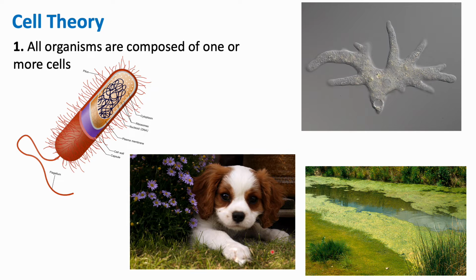We often neglect our unicellular organisms as organisms, for example, the prokaryote, the amoeba, the algae. It's important to remember that a living organism can be composed of one cell or many cells, okay?